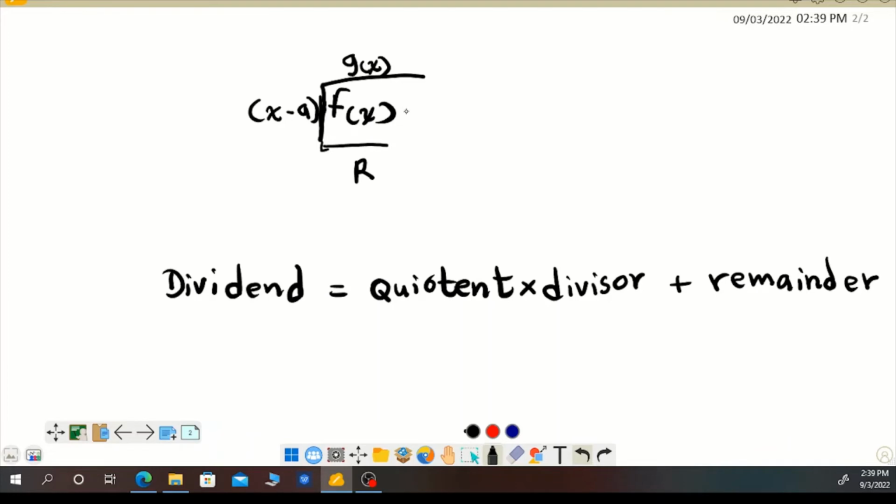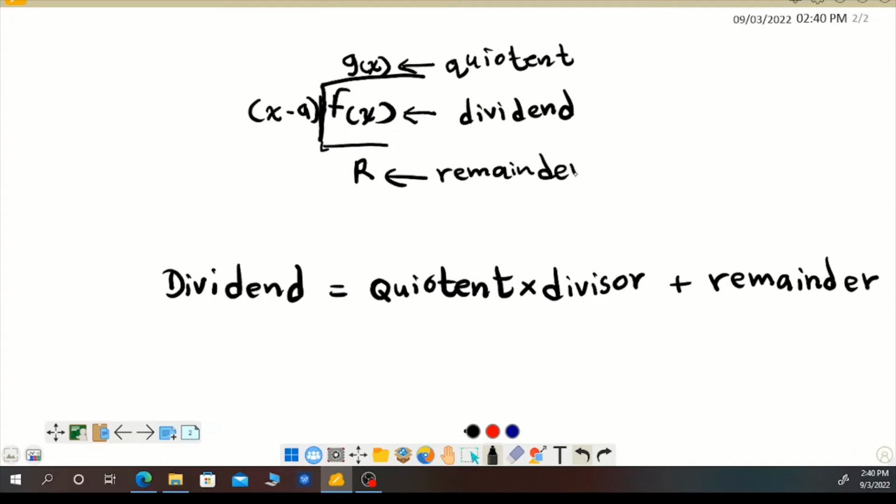So f(x) is the dividend, g(x) is the quotient, R is the remainder, and x minus a is the divisor.